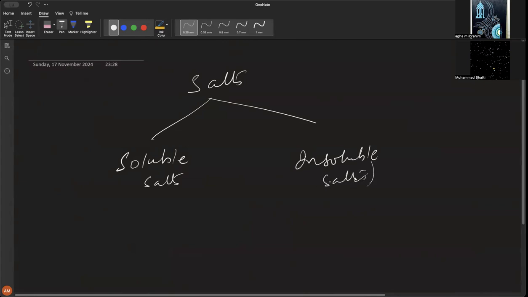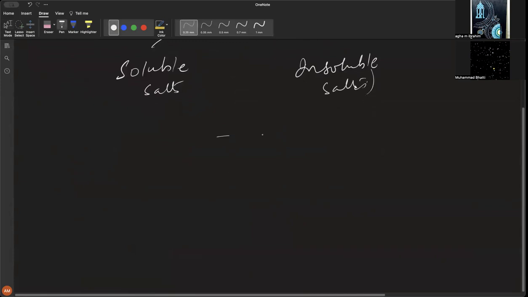We know that salts are basically ionic compounds, and most of the ionic compounds are soluble in water. But that's not the case for all of them, right? There's a certain understanding that we need to have when we talk about soluble salts. This chart is going to be very helpful for you, inshallah.